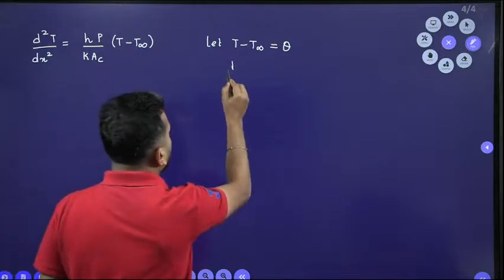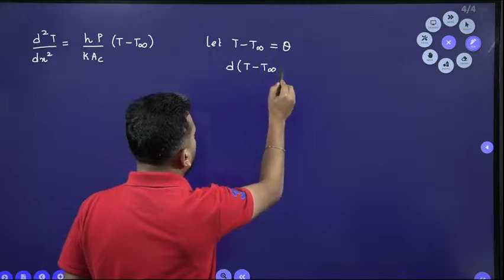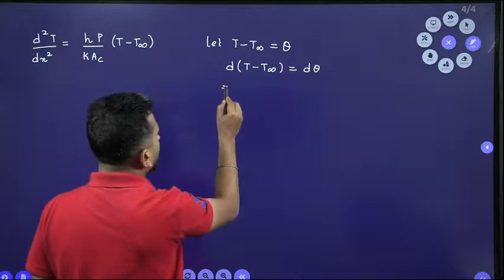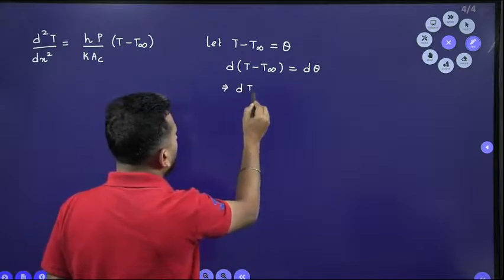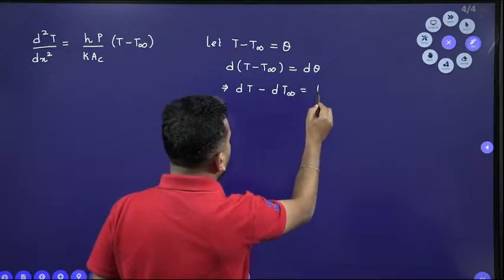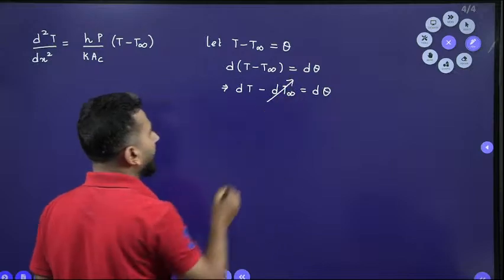So if I apply the differential, I have to apply d of theta. This I can write as d of T minus d of T infinity is equal to d of theta. Now d of T infinity will be 0. Why? Because T infinity is constant.